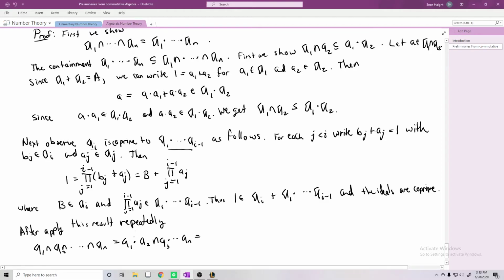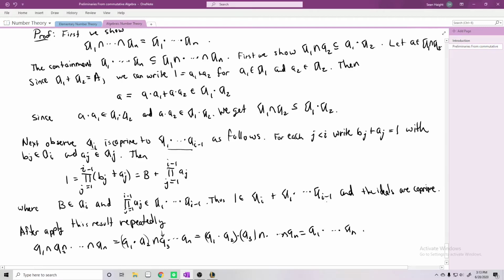Then I apply this result for this ideal and this ideal. These two things are coprime by the above work: a1 times a2 is coprime to a3, so the intersection is actually equal to the product of these two ideals. So this is a1 times a2 times a3, all intersect a4 through an. And then you just keep going down the line, using the associativity of intersections and products, so that eventually you just get the product of all these ideals, a1 up to an.